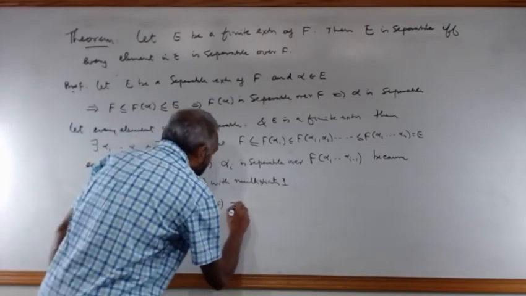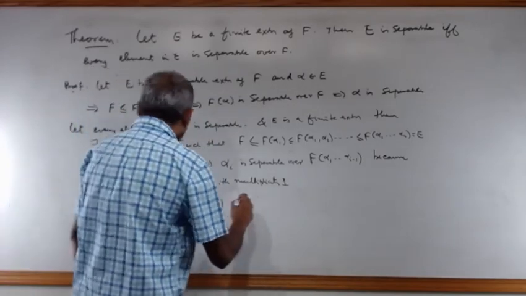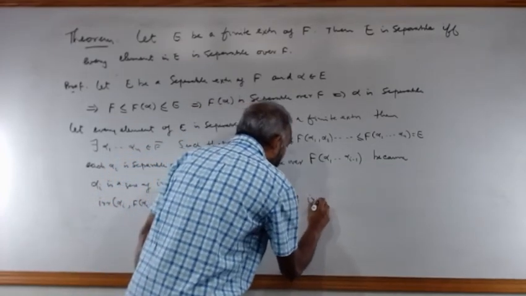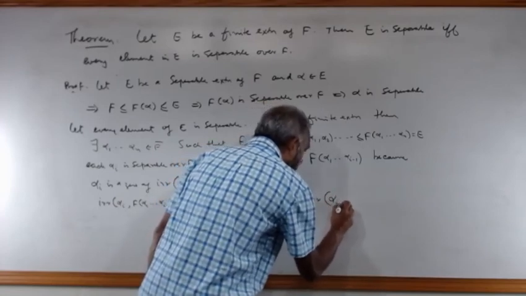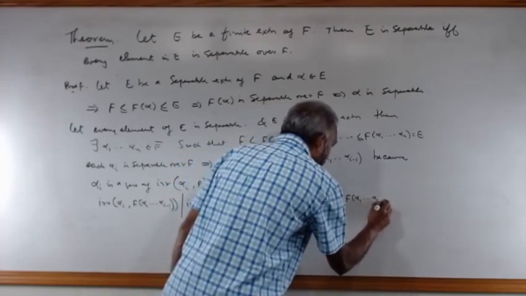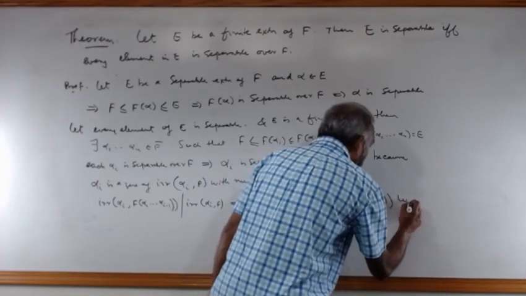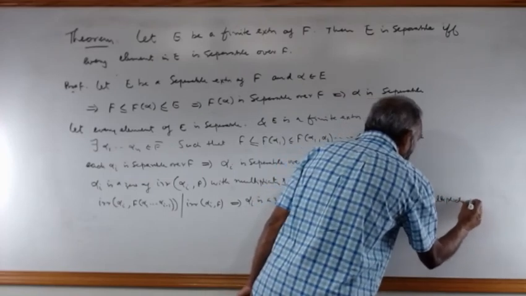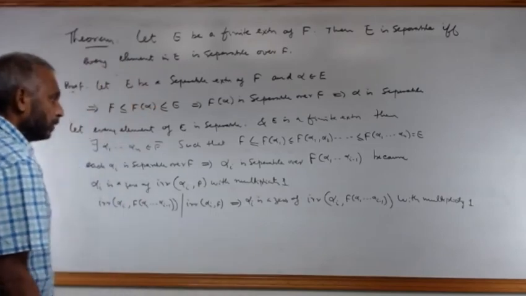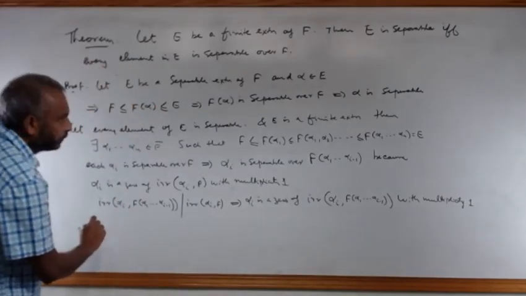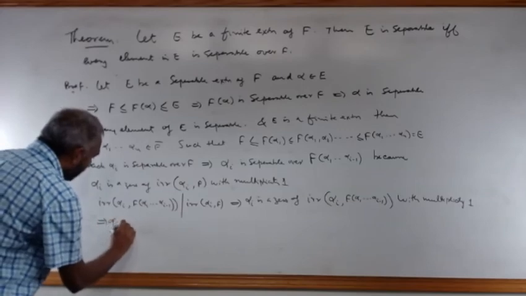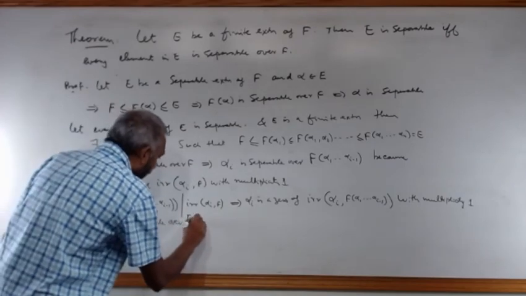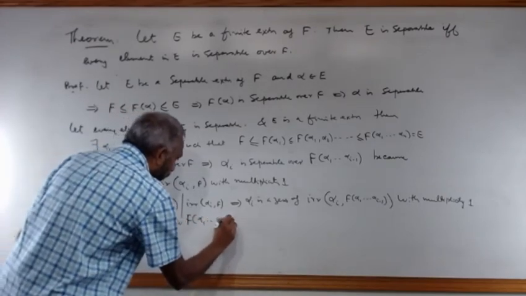That implies alpha i is a zero of the irreducible polynomial of alpha i over F(alpha 1, ..., alpha i-1) with multiplicity 1. It cannot go beyond 1. And that implies alpha i is separable over F(alpha 1, ..., alpha i-1).